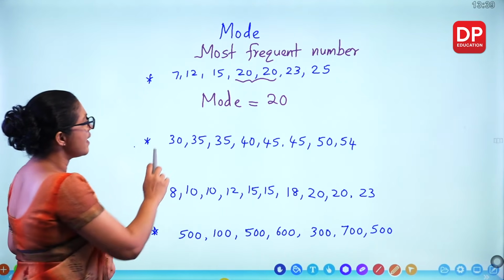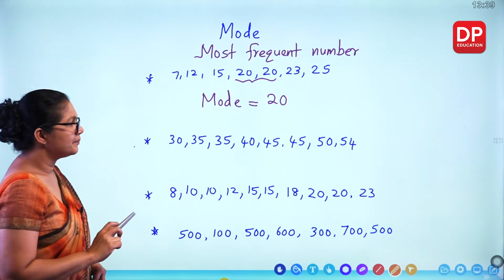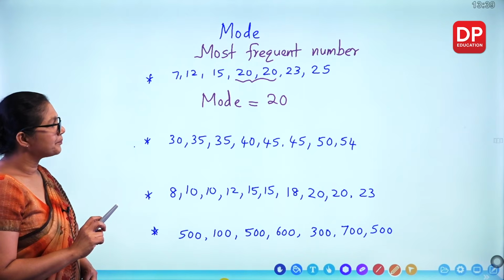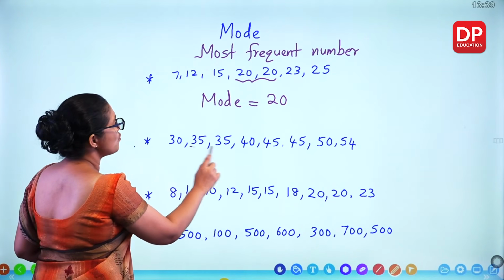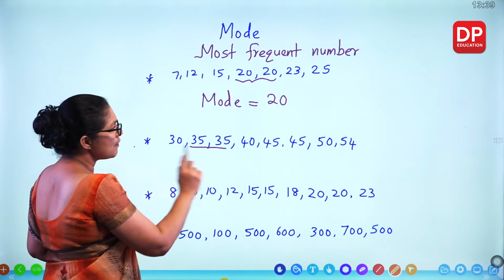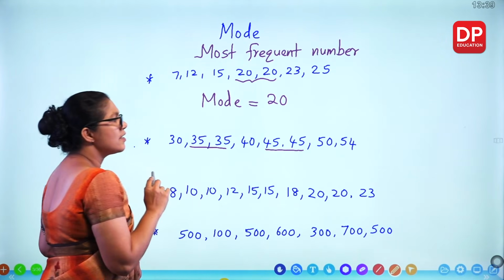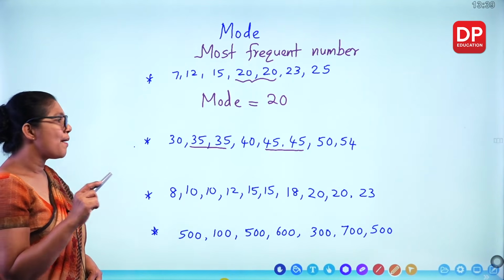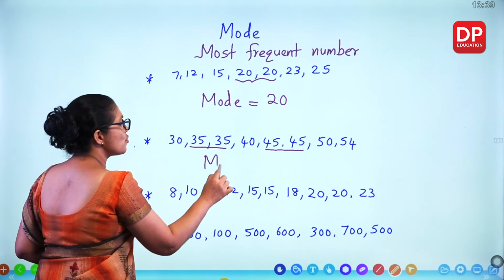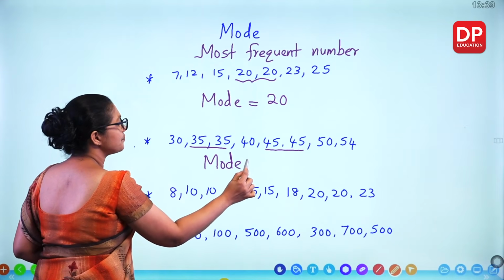This is arranged in order, lowest to highest. What's the mode value? 35 we have twice. 45 also we have twice. So in this case you have to write both the numbers. So there are 2 mode values here.